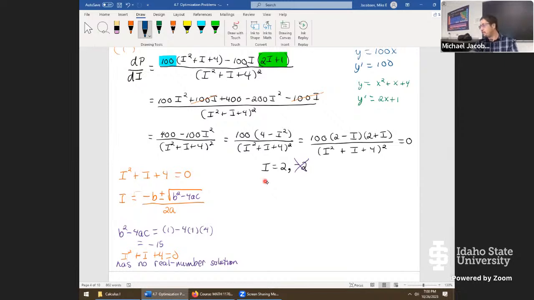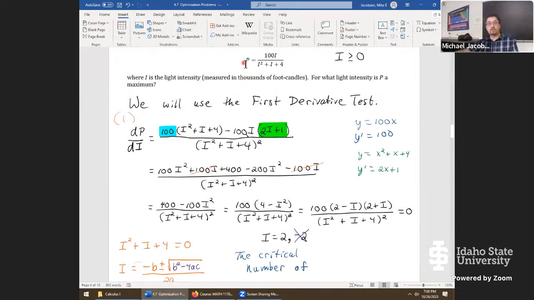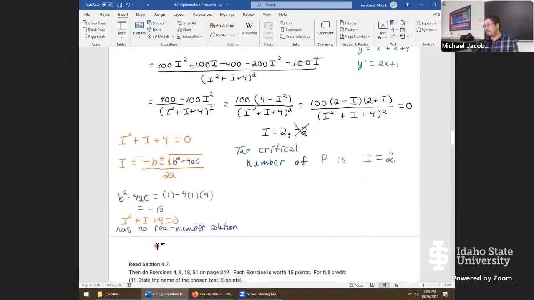Okay, let's state officially the critical number of P, that's the photosynthesis function up above, is I equals 2. We now have a single critical number. We can run this through the first derivative test and see what the results are going to be.